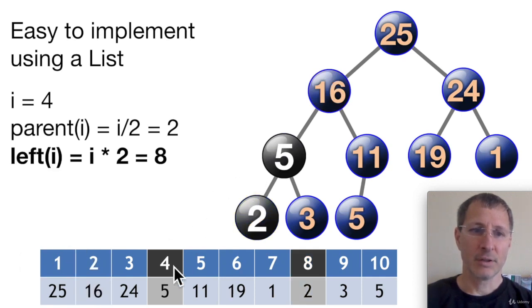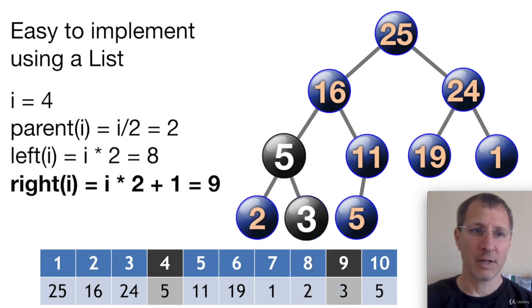Times 2 gives us the index of 5's left child, 8. And then times 2 plus 1 gives us the index of 5's right child, 9. So if we take a given node at index 4, we can access its left and right child by times 2 and times 2 plus 1. And we can access 4's parent by just dividing by 2. So it's pretty quick, easy operations to access the parent and children nodes in this tree.